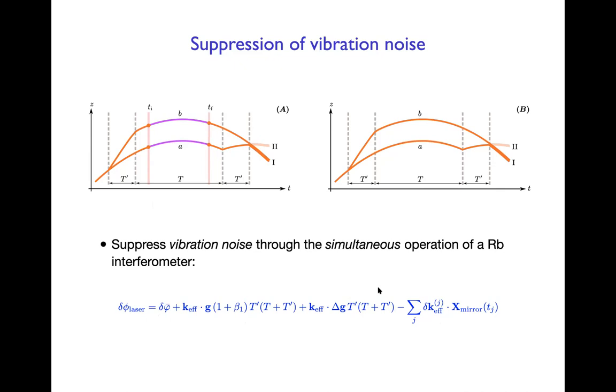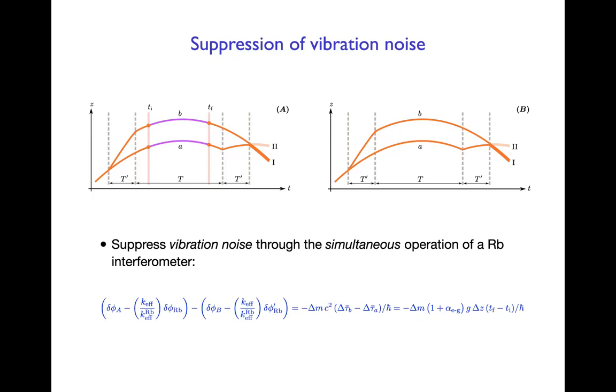But actually, the way to address that is that you can simultaneously perform, and that's something that this atomic fountain is equipped to do. It was already designed to do that for other reasons. It can simultaneously operate an interferometer with ytterbium atoms and an interferometer with rubidium atoms.